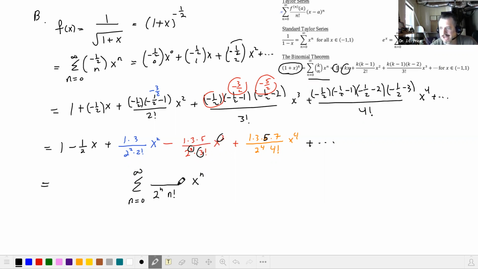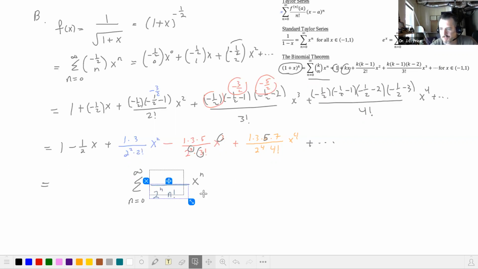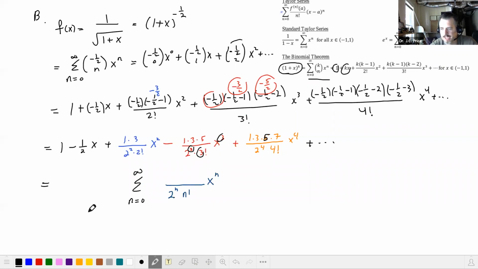And then on top, I'm going to move this over a little bit to give myself more space. On top, it's alternating. So I have a -1 to the n. And then it's going 1 times 3 times 5 times 7, ... up to something, which I don't quite know yet.